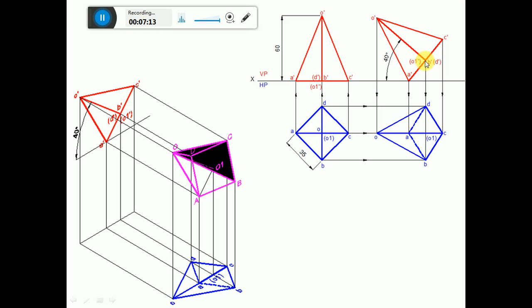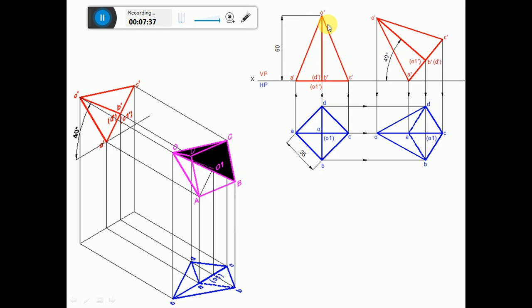By using the protractor you measure an angle of 90 degrees with respect to that inclined line A dash, C dash, and then draw a perpendicular line to A dash, C dash. Then you measure the length from B dash to O dash. From B dash you cut an arc on this to get this point O dash. Then complete this sketch in exactly the same manner as the first position front view.